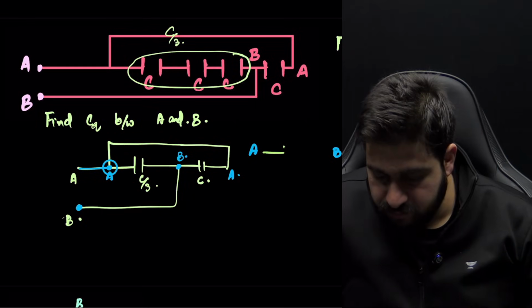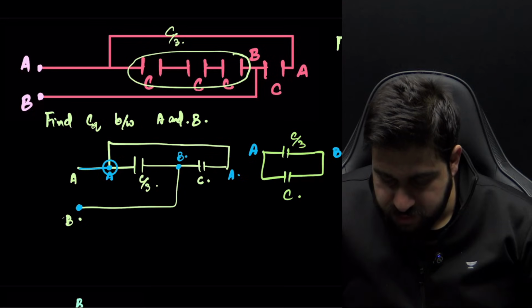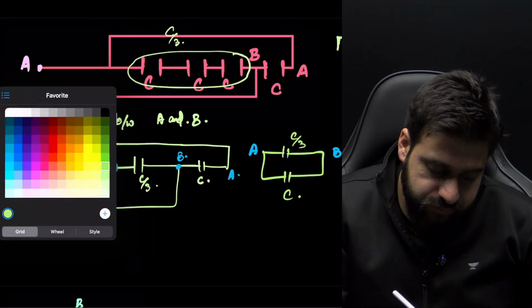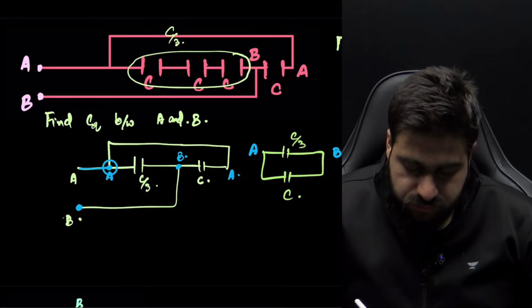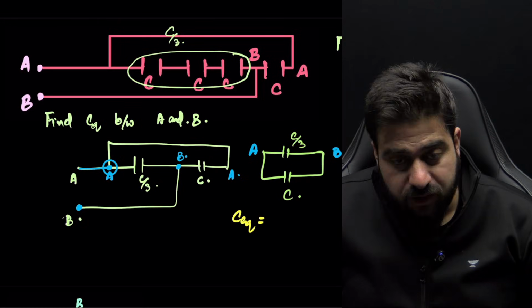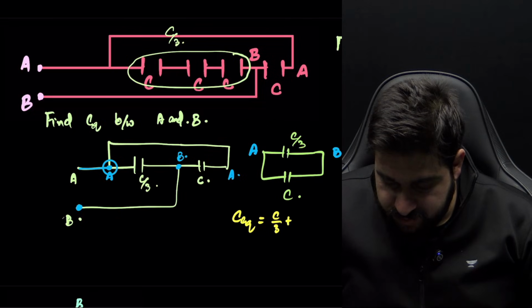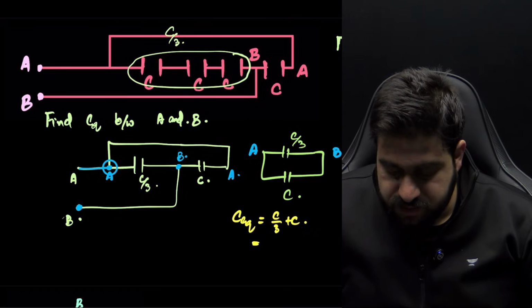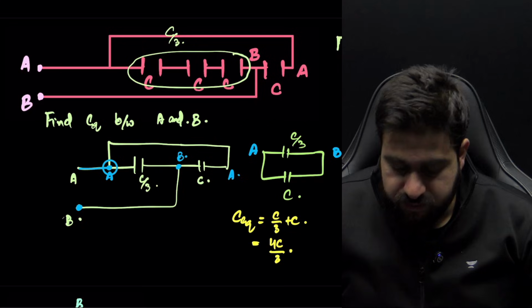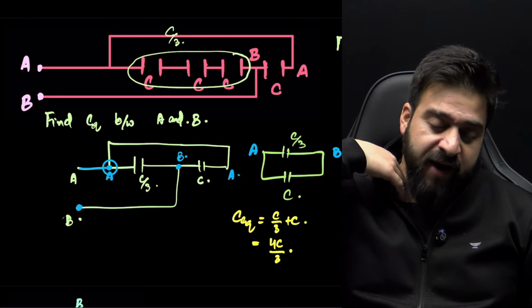So they are in parallel, C by 3 and this C. So what is C equivalent? When it comes to the parallel combination, C equivalent is simply C1 plus C2. So that is C divided by 3 plus C. 3C plus C is 4C divided by 3. This is the equivalent capacitance.